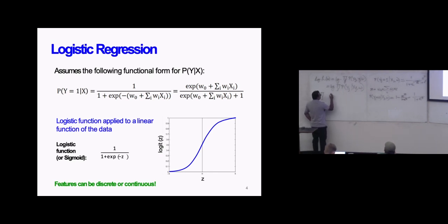So e to the power z over 1 plus e to the power z, raised to the power yj, times 1 divided by 1 plus e to the power z, raised to the power 1 minus yj.